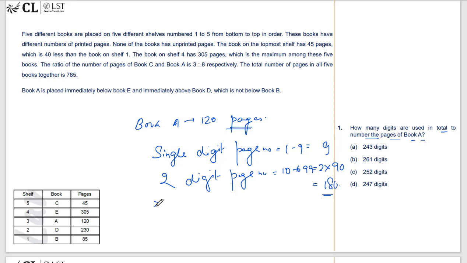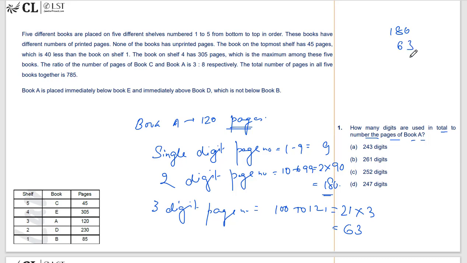And then 3-digit page numbers from 100 to 120. That's a total of 21 pages, where in writing each page number we are using 3 digits. So there are 63 digits here. So the total comes out to be 180 plus 63 plus 9. That's 252. Option C.